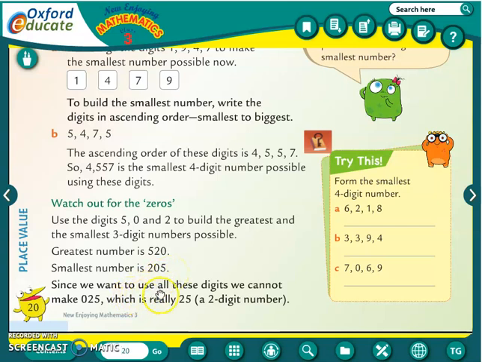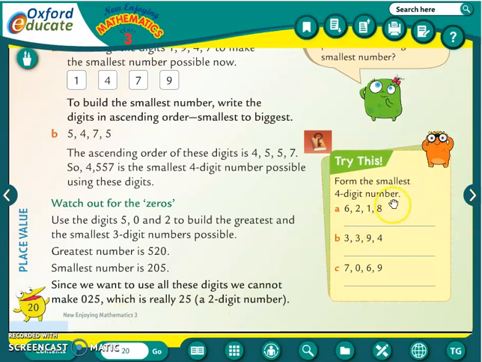Since we want to use all these digits, we cannot make 0, 2, 5, which is really 25, a 2-digit number. जैसे कि मैंने बोला कि अगर 3 डिजिट नंबर का हमें स्मॉलेस्ट नंबर बनाना है तो सबसे पहले हम 0 नहीं लिख सकते, बिकॉज अगर 0, 2, 5 लिखेंगे तो द नंबर विल बी 25 ओनली. दैट इज व्हाई वी हैव टू स्टार्ट फ्रॉम 2 ओनली. ओके, so I hope all of you understood.